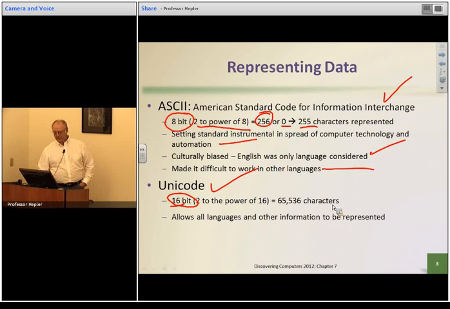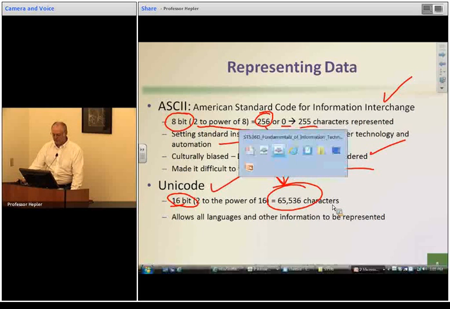Well, with 16 bits, you get over 65,000 characters. So we went from 256 characters to over 65,000 characters. Now all of a sudden, we can develop a character set for anything. In fact, I don't believe to this point we've used all the 65,000 plus possibilities. We've used a lot of them, but not all of them.